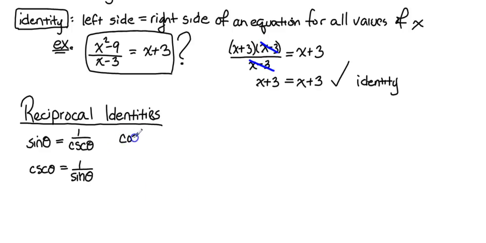See if you can write cosine of theta on your own. What are we saying cosine of theta equals? If you wrote 1 divided by secant of theta, I agree. Secant of theta is 1 over cosine.